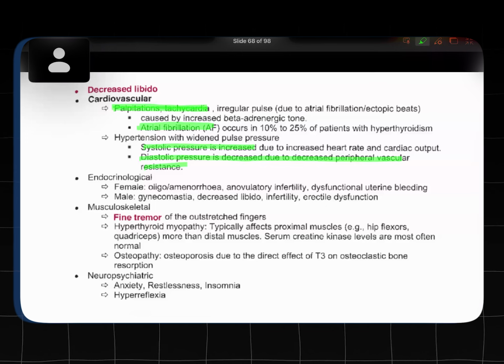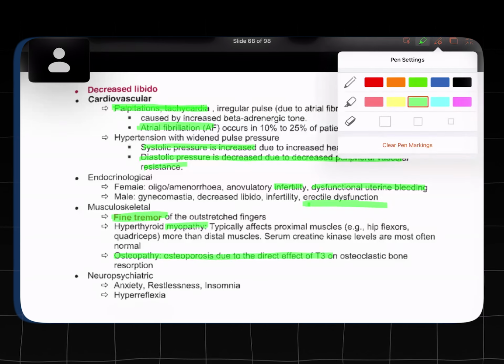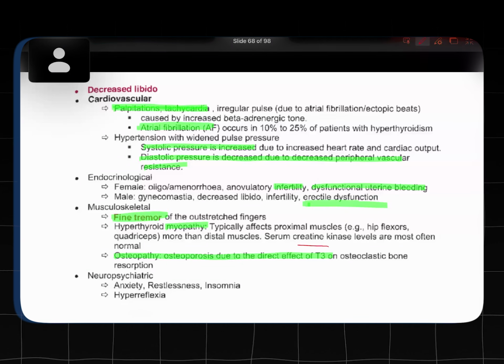Endocrinologic wise, infertility, dysfunctional bleeding, erectile dysfunction, fine tremors, as we know, and myopathy, osteopathy, and osteoporosis due to the direct effect of T3. This is a separate MCQ. What is the reason for osteoporosis in a patient with hyperthyroidism or on prolonged therapy?